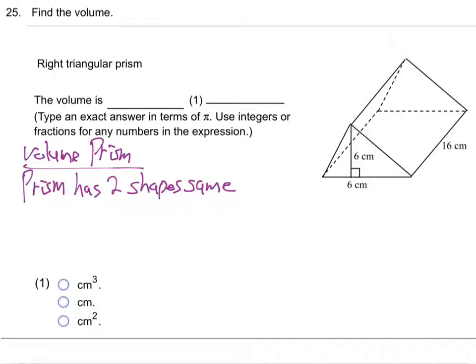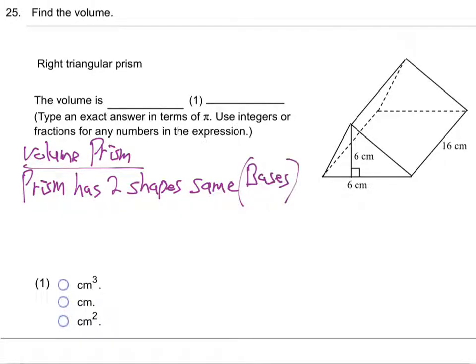So a prism has two shapes that are the same. And we call those the bases.